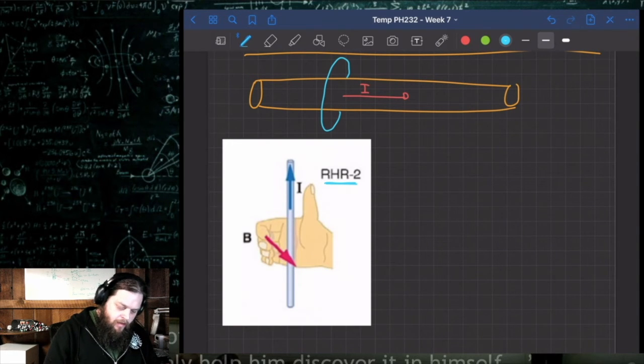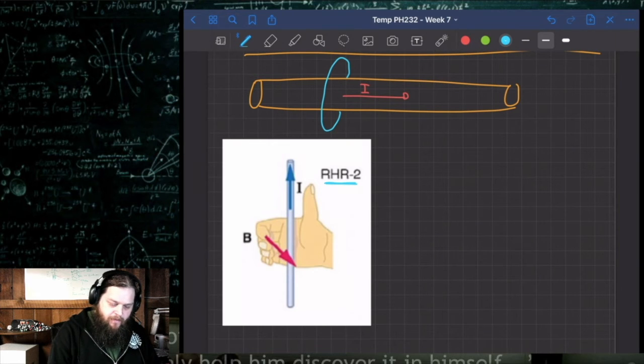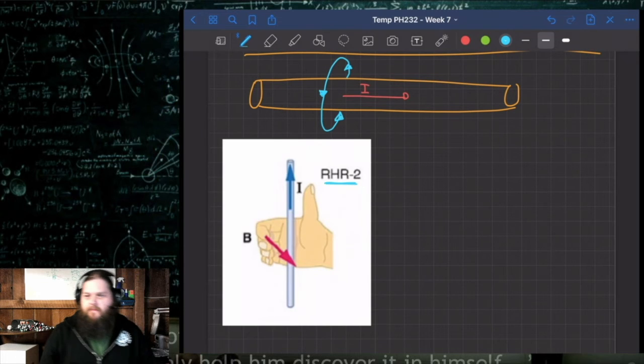So I can define this distance if I wrap my hand around this wire that I've drawn, as going in this direction.